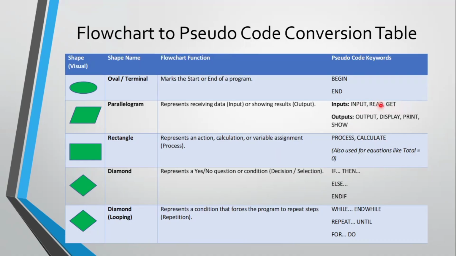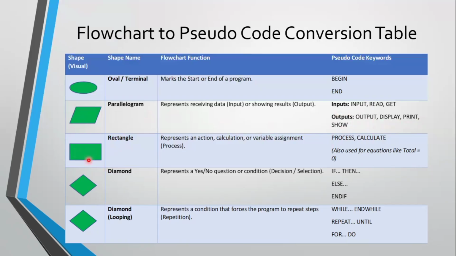If the computer is showing a result on the screen, if it is showing an output, use display, output, print, show keywords, right? Simple.